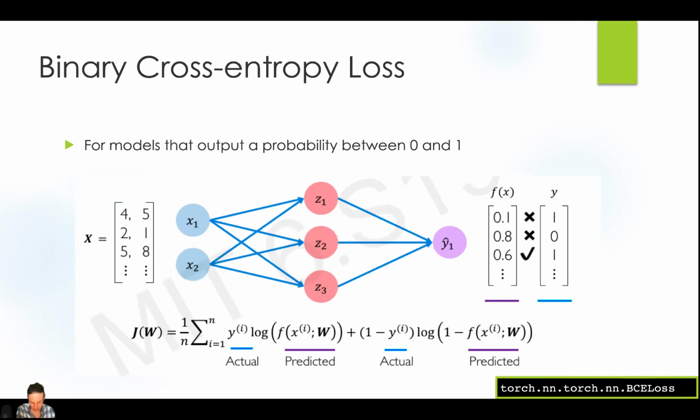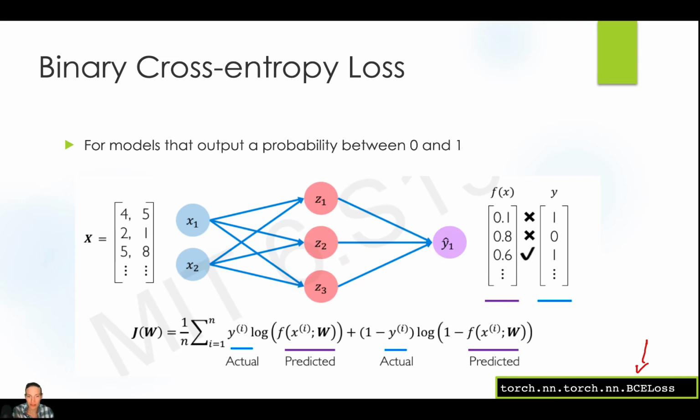Now, in the case that we use a binary cross-entropy loss, something we discussed last week, we can calculate J(W) as follows. In PyTorch, it's very easy. You just say use BCE loss. Easier than doing the actual calculation, right?